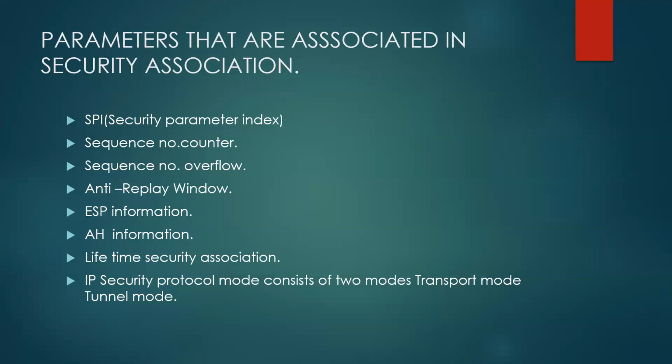And next we move to sequence number overflow. Sequence number overflow means the maximum size of the sequence number. For example, if we allocate a buffer of only 100 packets, that is the maximum size, and exceeding it is called sequence number overflow.